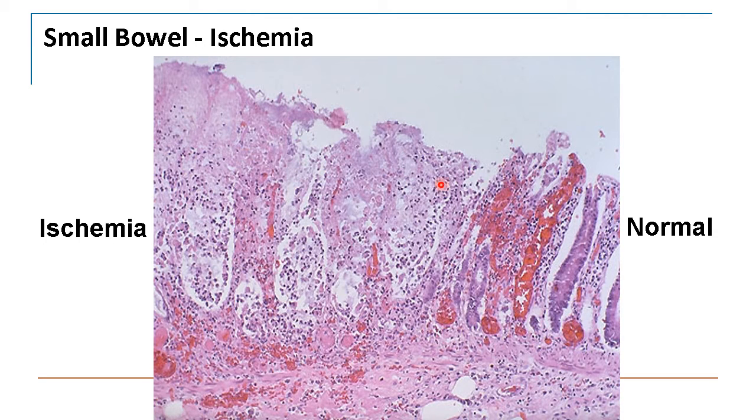At this side, there is absence of the normal villus appearance. There is increased inflammatory cells, total distortion of the structure, absence of the crypts, which are here, and here there is also a sclerosing part of the chronic inflammatory process due to ischemia.